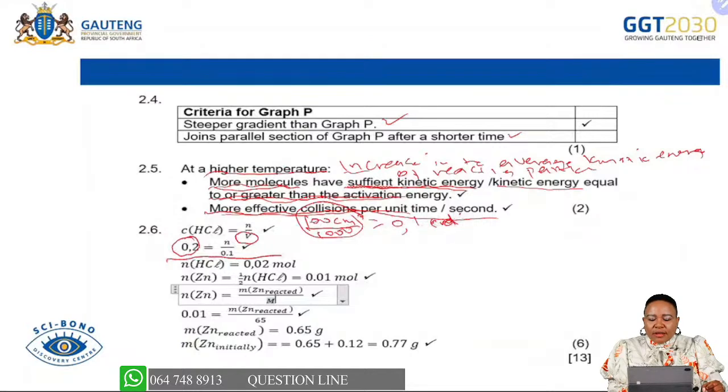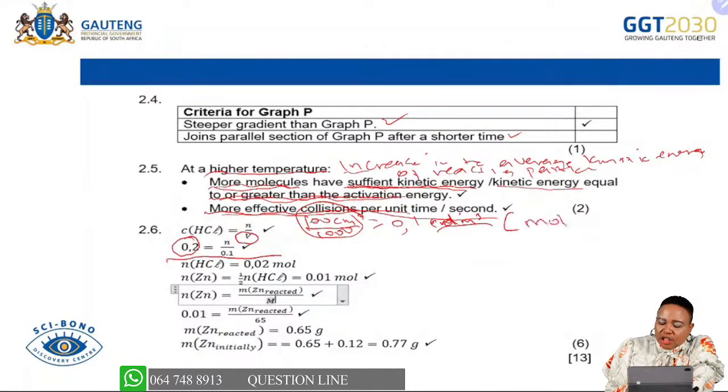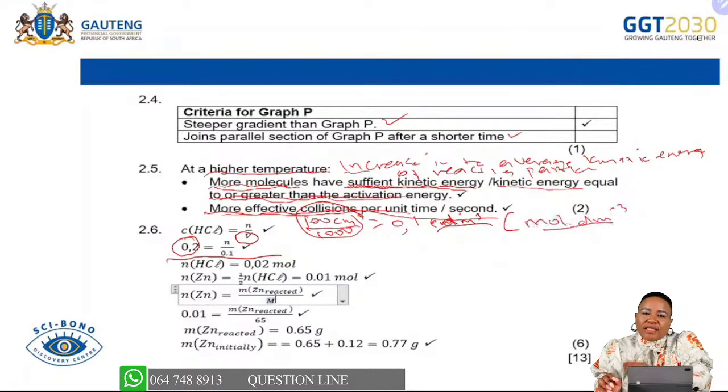Cubic decimeter, because we know that volume is measured in cubic decimeter. And we know that if the concentration is 1 mole per cubic decimeter, then definitely we need to convert our volume into cubic decimeter.